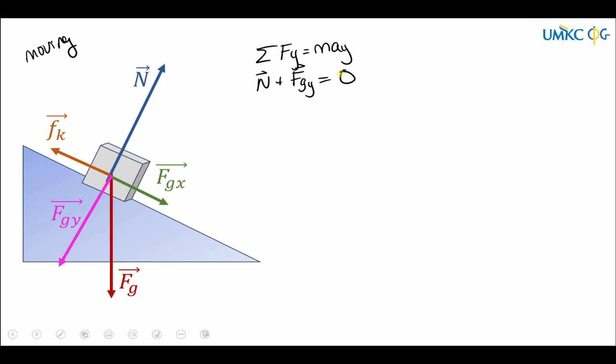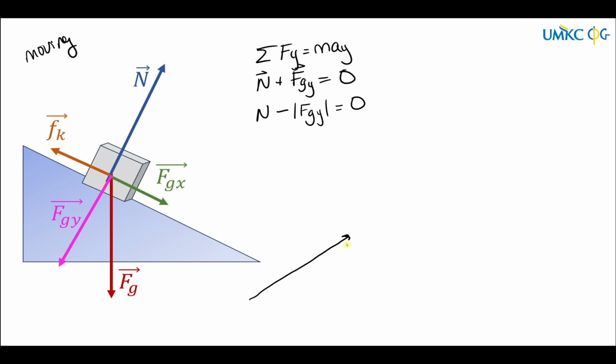And I know that this is going to have to be equal to 0 because my object with all of these forces is not going to end up levitating up off of the surface or sinking down into the surface. So the next thing I want to do is incorporate directionality. I have my normal force minus the magnitude of the force of gravity in the y direction is equal to 0. So I can actually replace this FGY with a different equation.